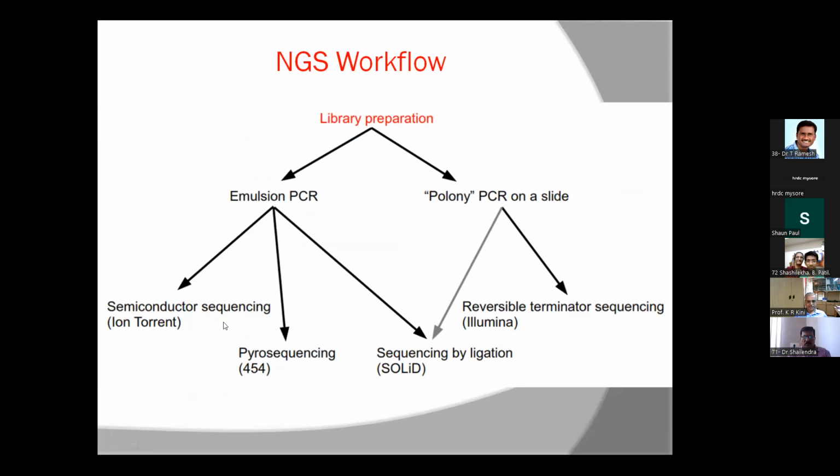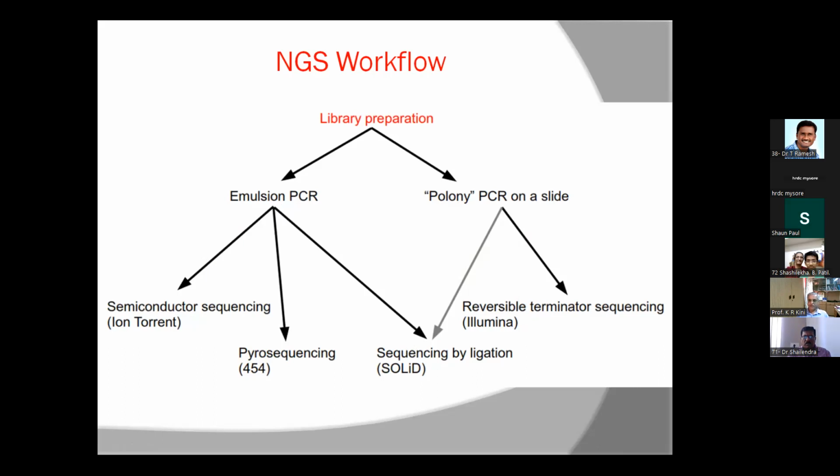The semiconductor sequencing technology of Ion Torrent uses emulsion PCR. Pyrosequencing also uses that. And SOLiD is also emulsion PCR. Whereas Illumina, the reversible terminator method, uses Polony PCR for library preparation and amplification.